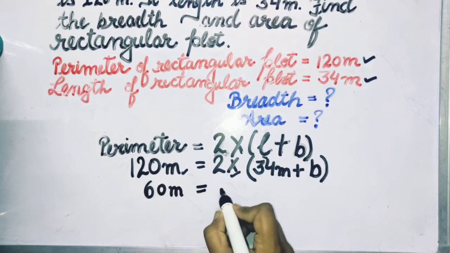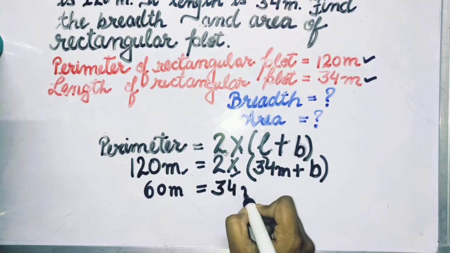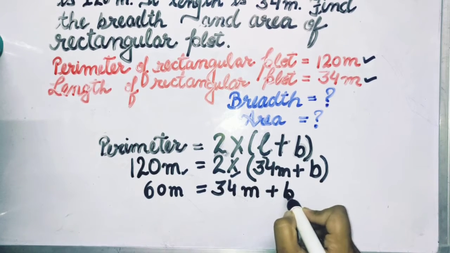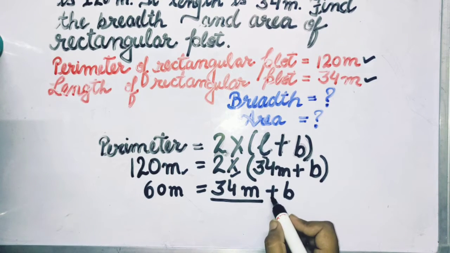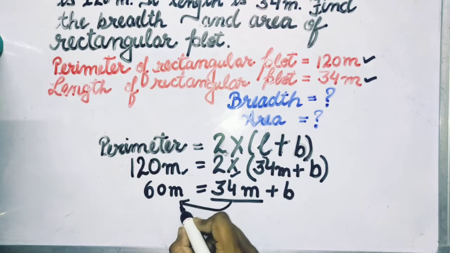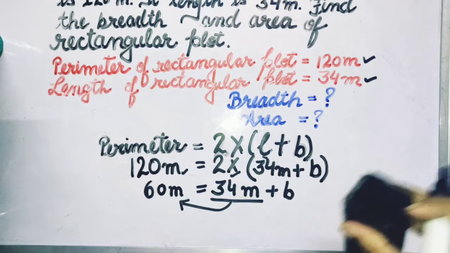Now what is left? 34 meter plus breadth. Students, one more thing you have to remember: if any value is in plus, when we shift it to that side, it will be converted into subtraction.